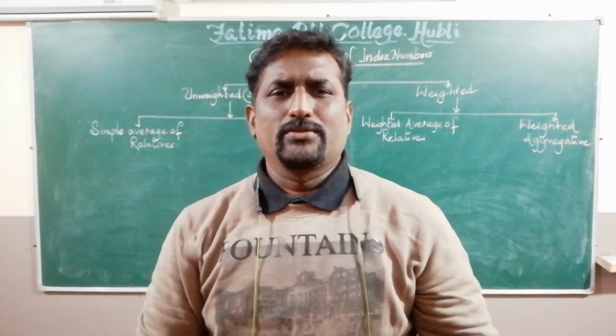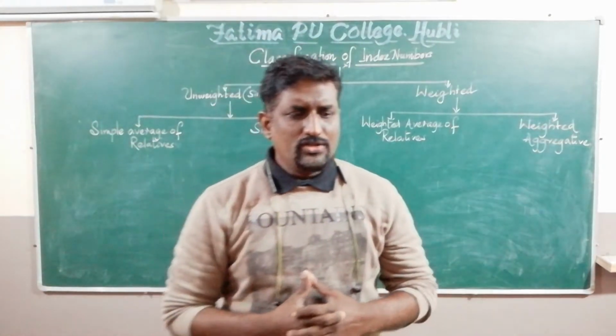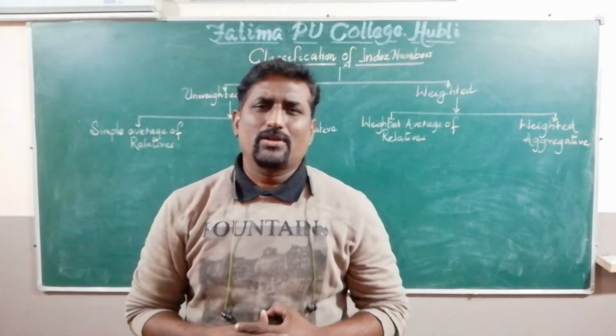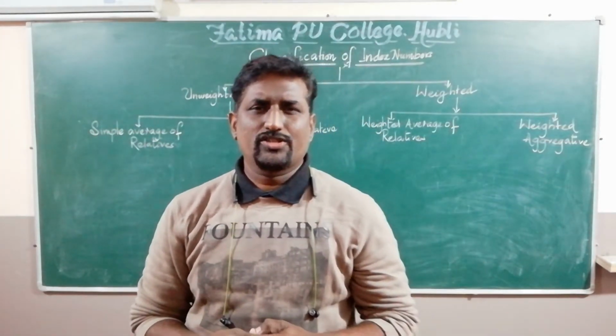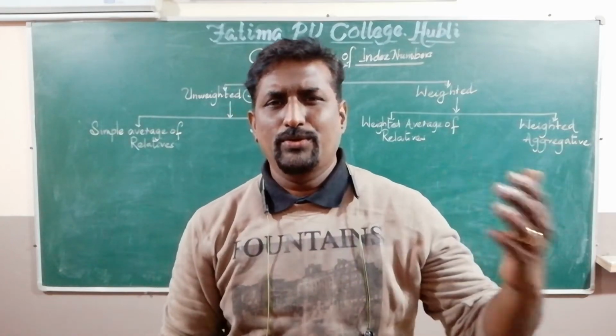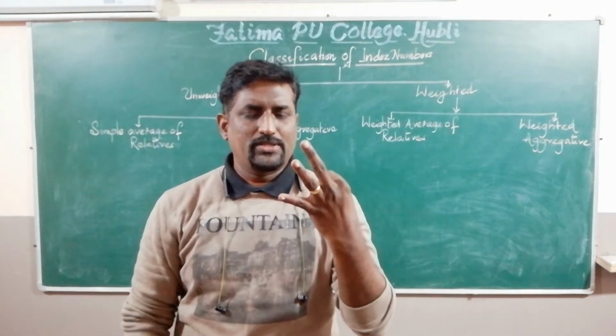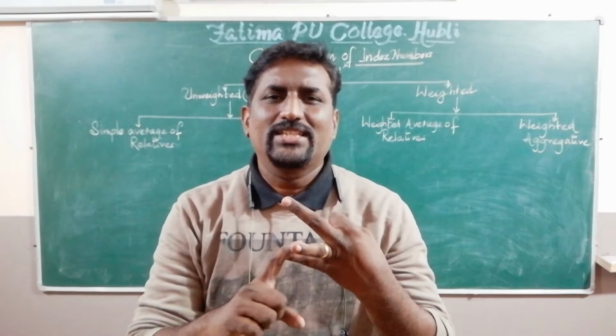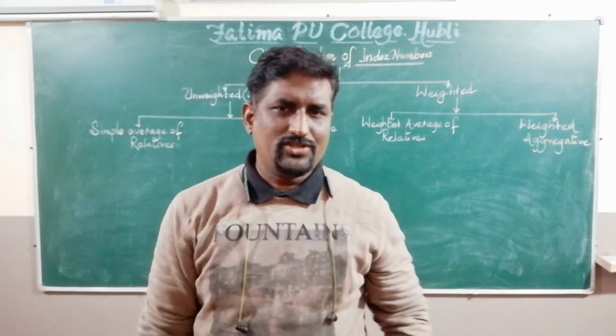Okay, so let me tell you in the beginning itself. As we know, index numbers are of 3 types. I have explained to you in the previous classes. There are 3 types: price index number, quantity index number, and value index number.